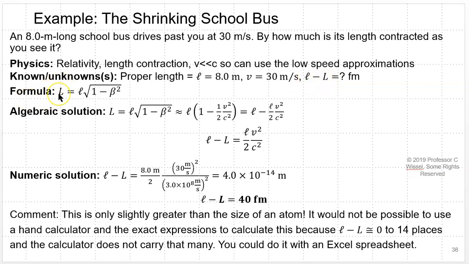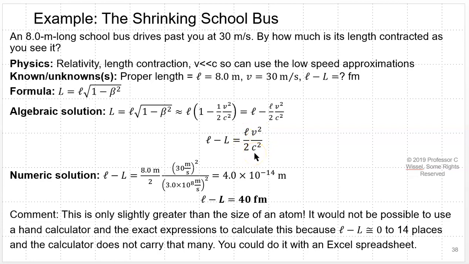The formula for L is L equals little l times the square root of the quantity 1 minus beta squared. We're going to use the low speed approximation for that, so L is approximately equal to little l minus little l over 2 times v squared over c squared. We're interested in the shrinkage, which is the difference between little l and L, and that equals little l over 2 times v squared over c squared.